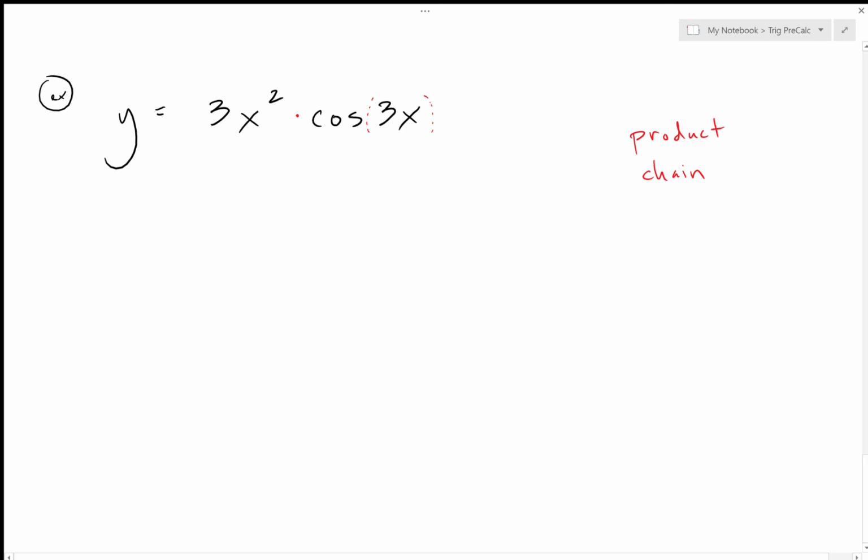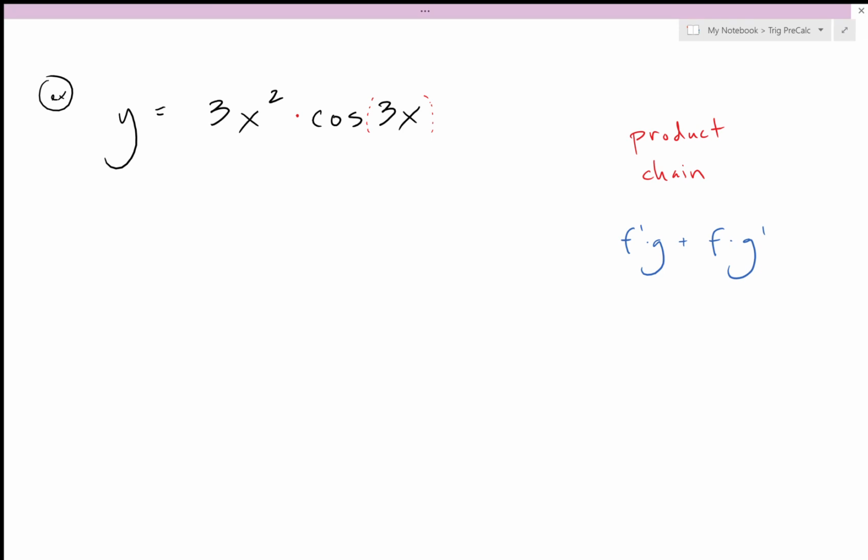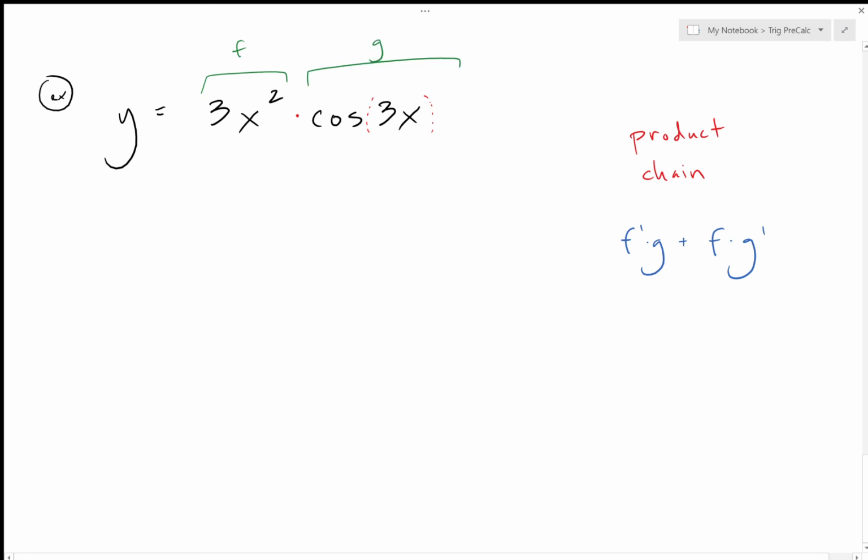So product, remember, is going to be f prime times g plus f times g prime, where in this case this is f, this is g. All right, g is going to require some chain rule. So let's go ahead and get to it. So y prime, I might need a little bit more room, so I'll write a little lower.